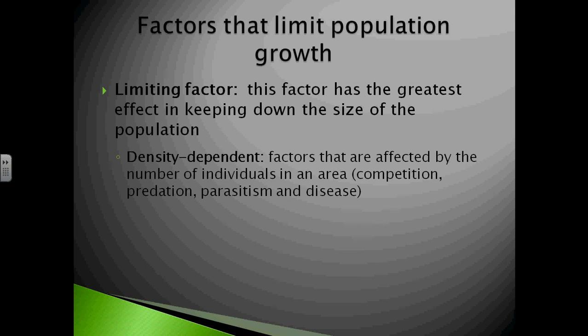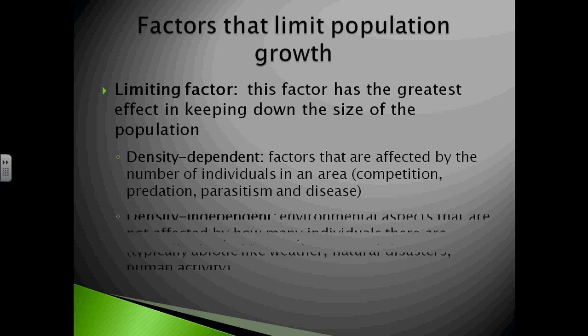So if you have a lot of organisms living in the same environment, you could see increased competition, increased predation, increased parasitism where parasites are passed, increased disease. Think about a city. We have lots of people in that area. Disease can spread pretty rapidly. So density dependent means they depend on the density of your population.